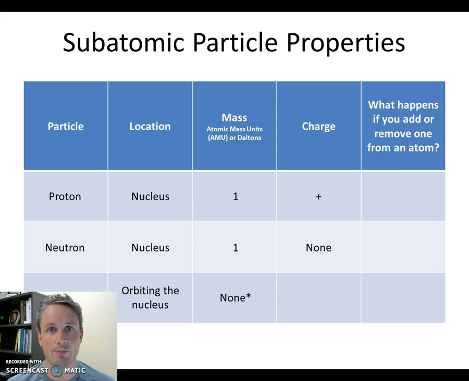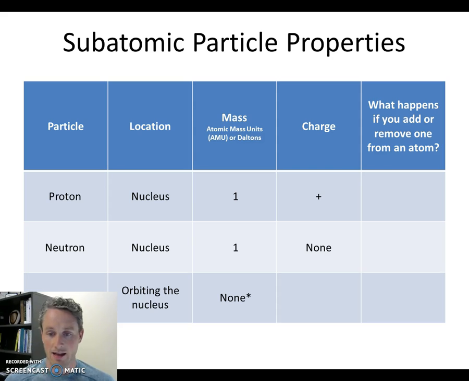Really, that's an oversimplification that we use in biology so that we don't get as confused. So for our purposes, we can assume that electrons have no mass. Again, that's a lie. They have a tiny little bit of mass. That can be important in other areas of science. But for us biologists, it's okay to make the simplification that electrons lack mass.